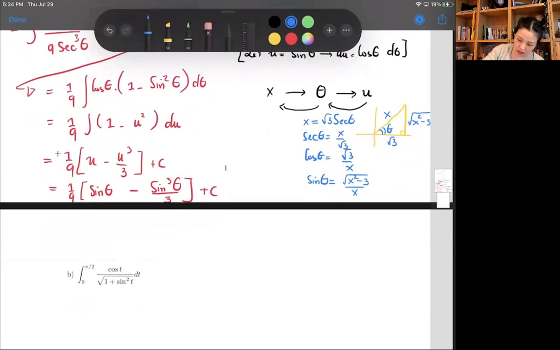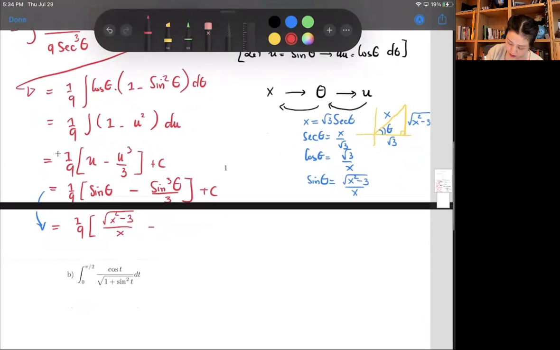So this equals 1/9 sine theta. Instead of sine theta, it's going to be square root of x squared minus 3 over x, minus sine cubed theta.